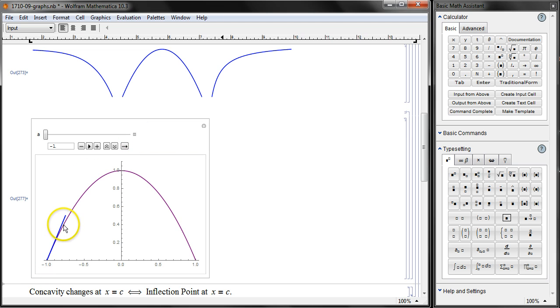Starting line segment here, we have very positive slope, and the slope will gradually decrease. Oh, I didn't mean to stop the animation. Slope is decreasing, and becoming negative, very negative. Again, start with very positive, decrease, hit 0, and negative, keep on decreasing.